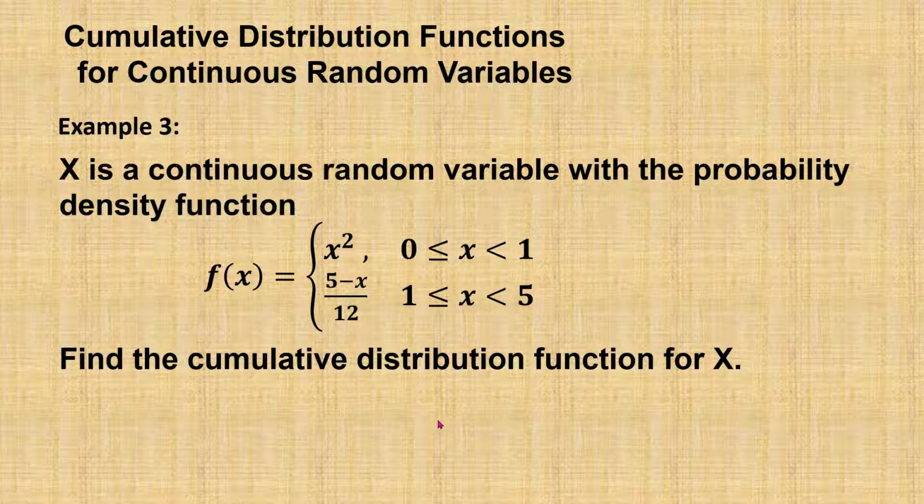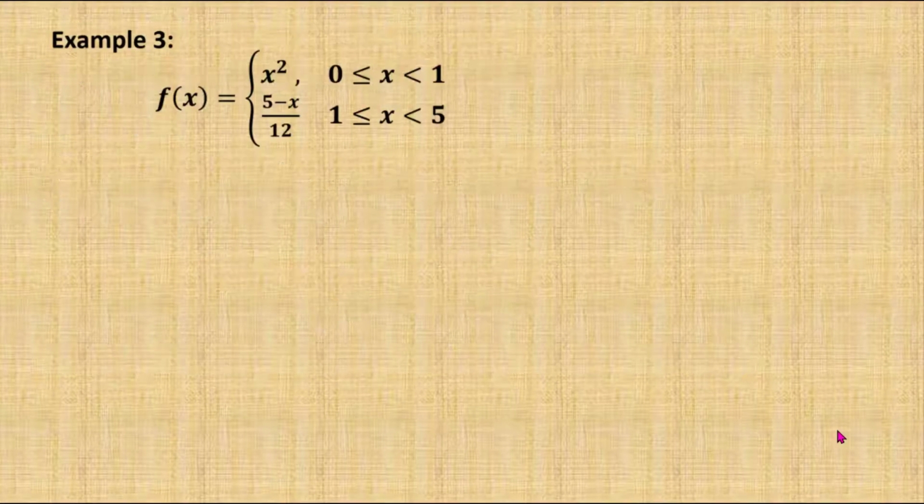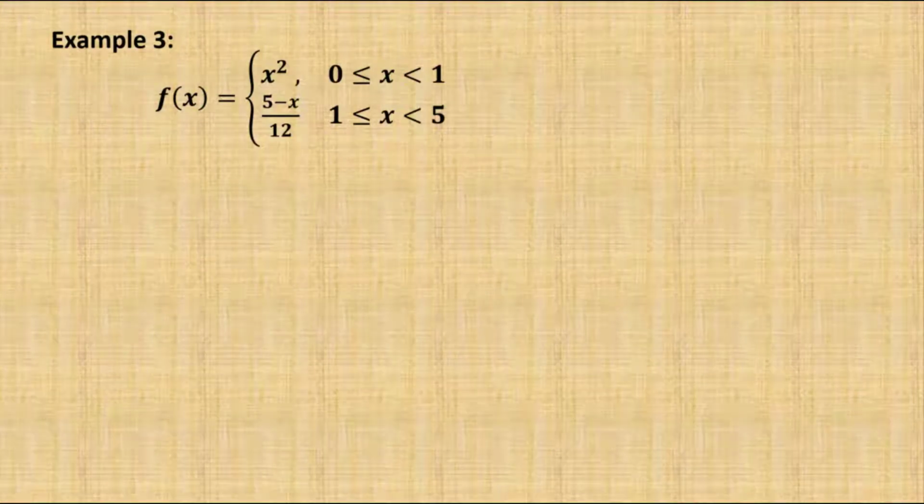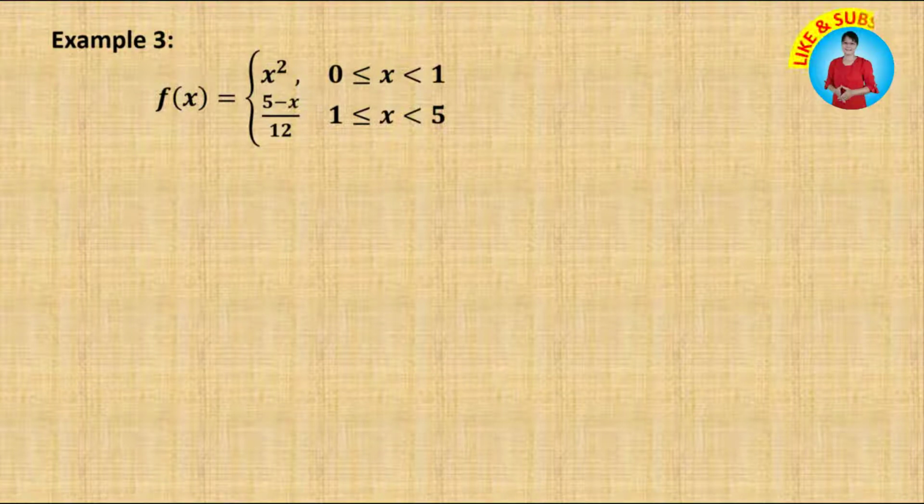Next example, I'm going to discuss how to find cumulative distribution functions for a continuous random variable. We have learned that for continuous random variables, the probability is equal to the area under the curve of the probability density function. To find the area under the curve, integration is used.